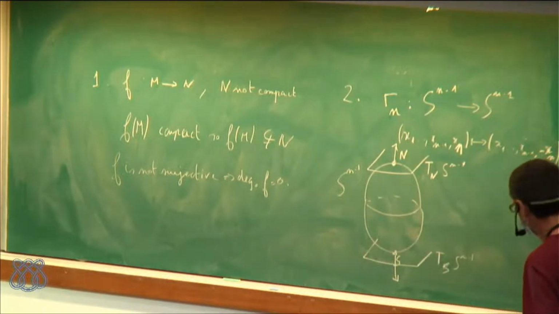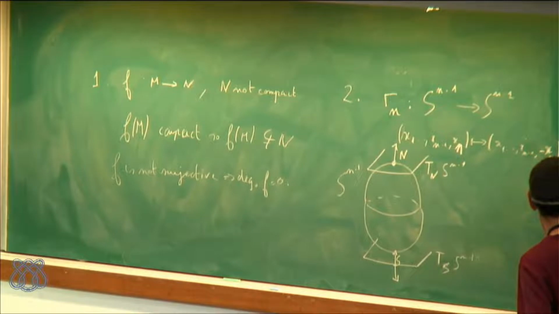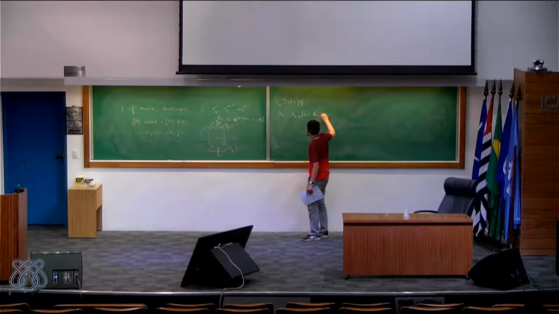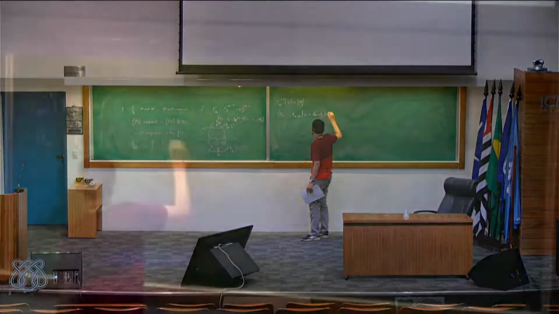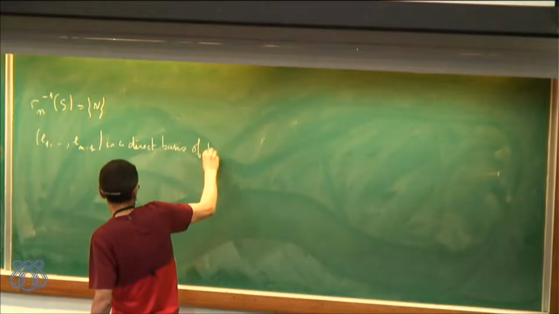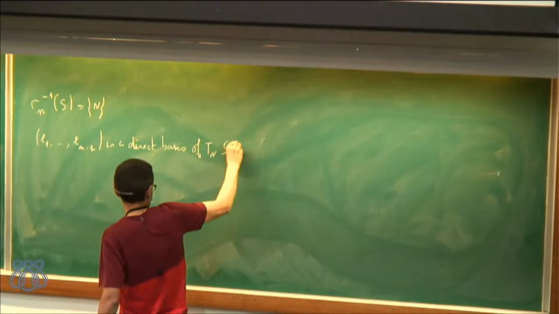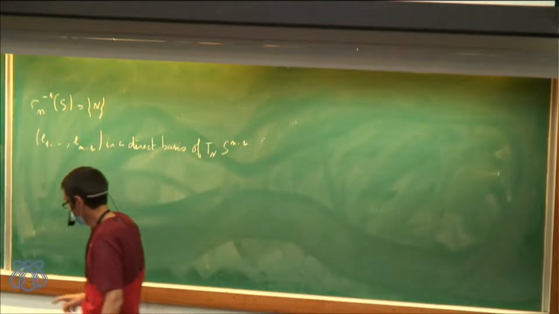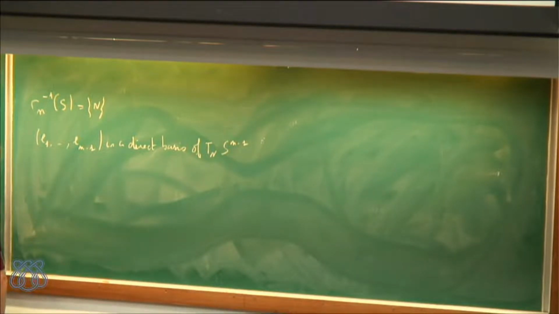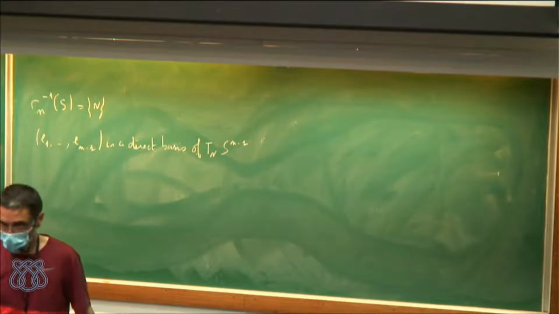So using the canonical notation, e_1 to e_{n-1} is a direct basis of the tangent space T_N S^{n-1}. But you see, the tangent space is the same, but the orientation is different. Because a basis here is direct for the tangent space if, when we add minus e_n, we have a direct basis of R^n.